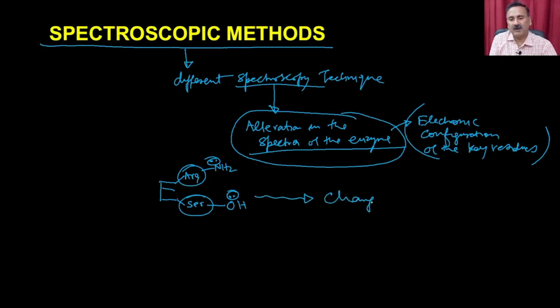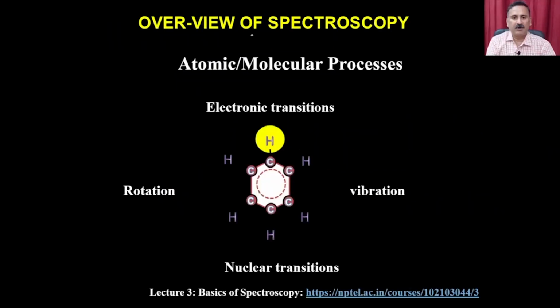So that is going to be mapped with the different types of spectroscopy techniques. Apart from the valence shell electrons or the outer shell electrons, you can also map these kinds of interactions with different types of spectroscopy techniques. When we talk about spectroscopy, it can work on different types of molecular processes.